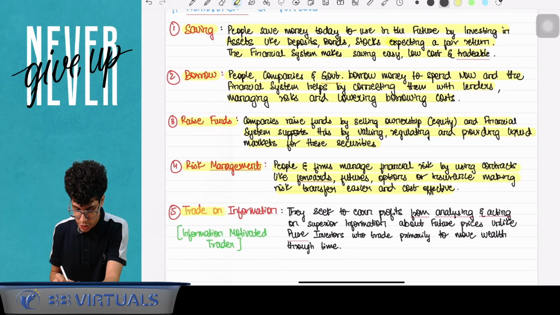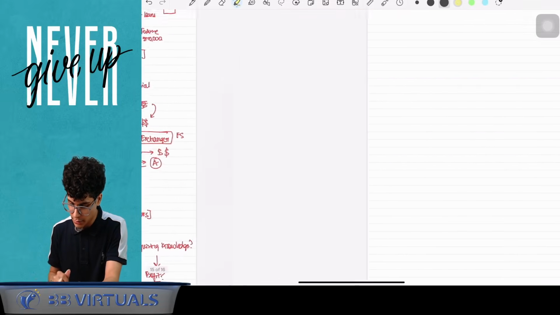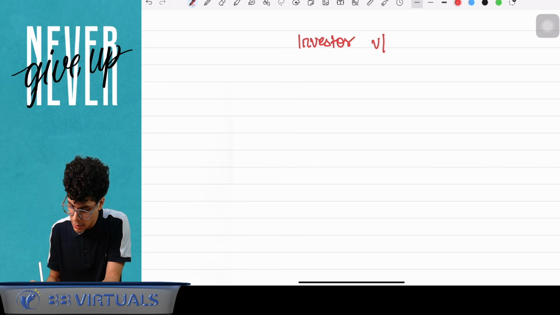फिर आता है to trade on information. They seek to earn profits from analyzing and acting superior information about the future prices, unlike pure investors who trade primarily to move wealth through time. So there's an important concept that comes over here, that is the concept of an investor versus an information motivated trader.